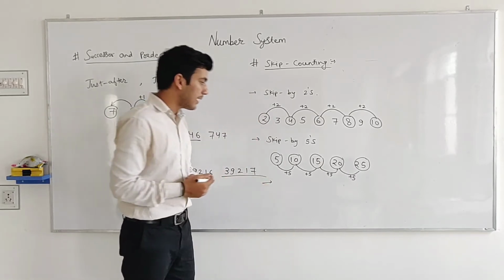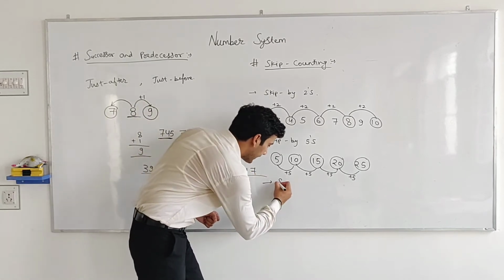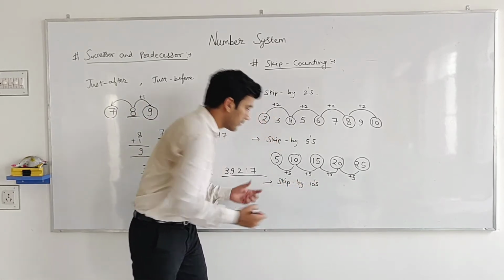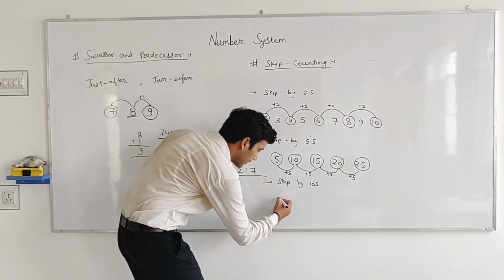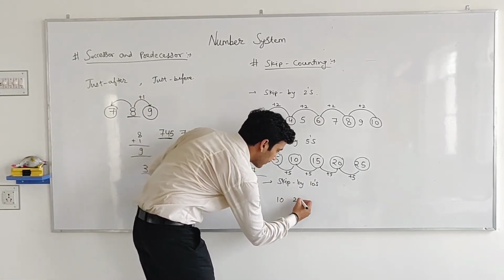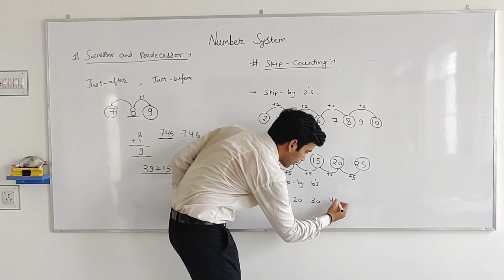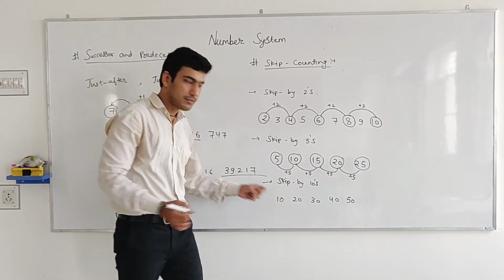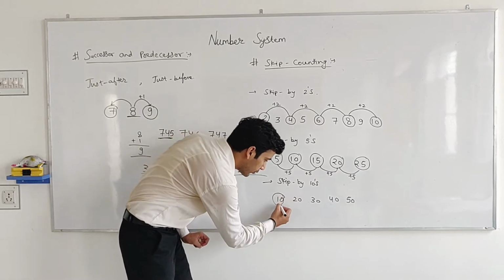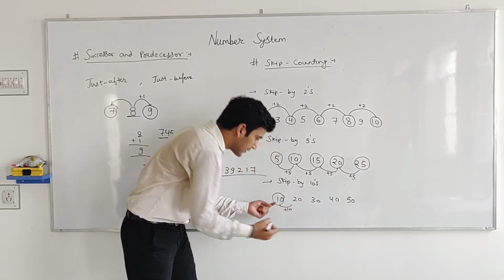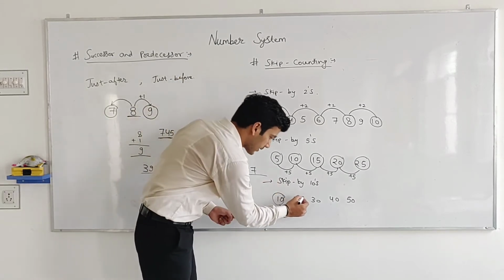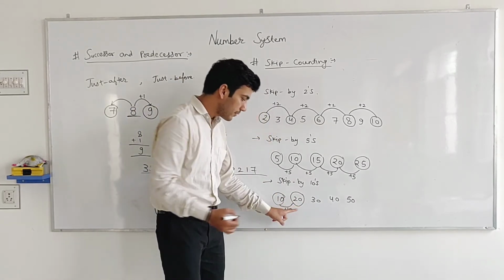Now take another example. Skipping by 10. If there is a sequence, then this is the first term of my sequence, 10, and if you add 10 to this number, then 10 plus 10 is 20. That is the next number.